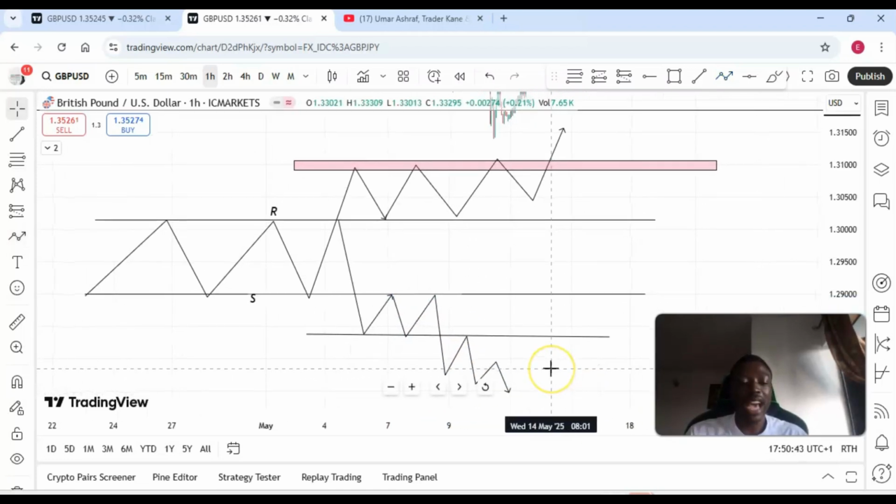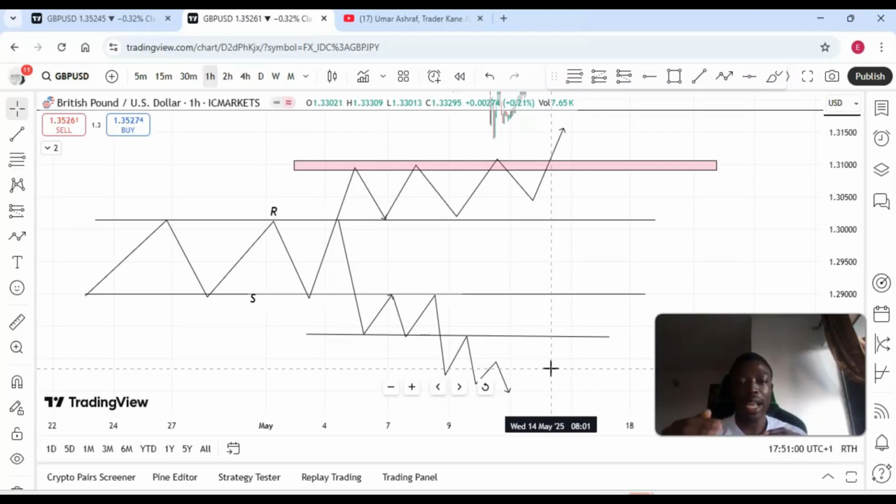So that's the logic behind support and resistance levels. When the market gets to that level, it's a good key point of interest, because if it gets to your support level, you know that buyers are lying in that zone, and you can look for buying opportunities. You don't just jump into the market.